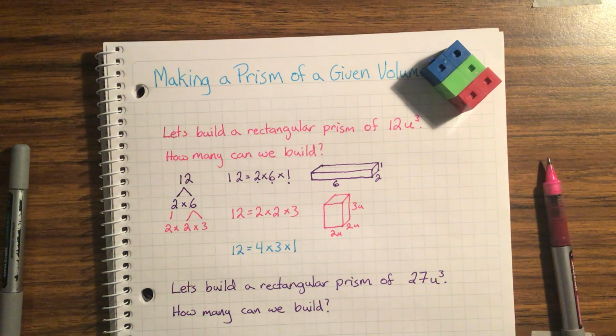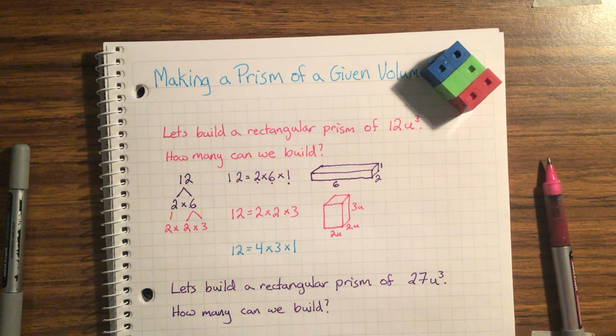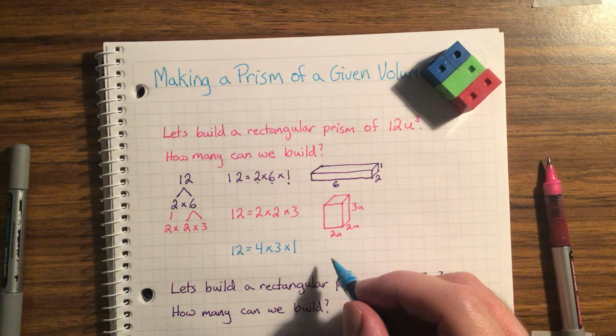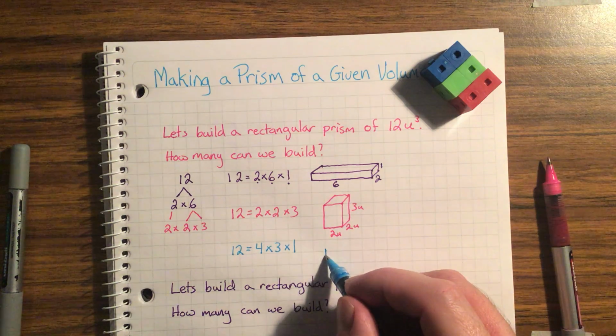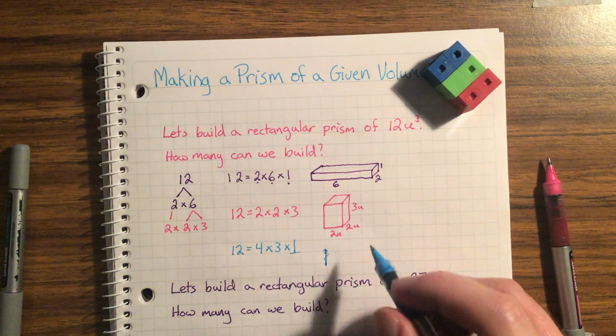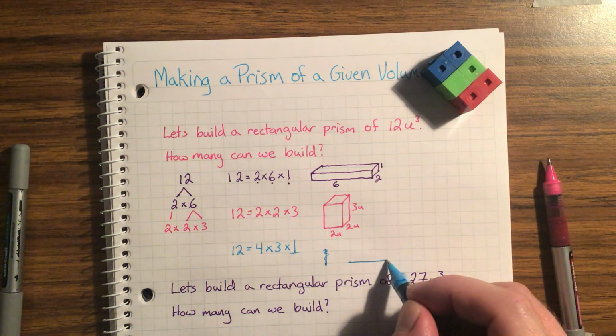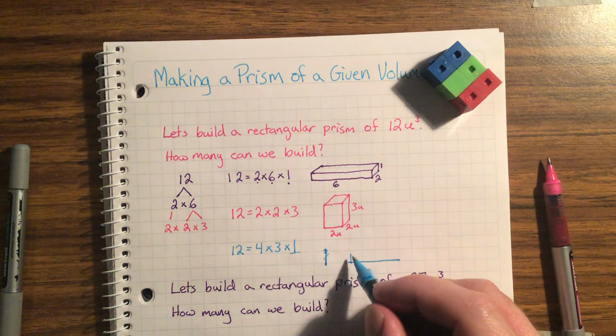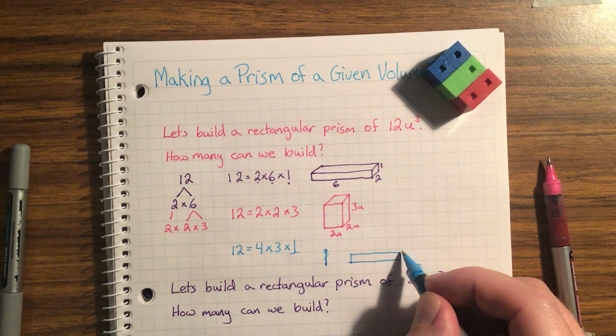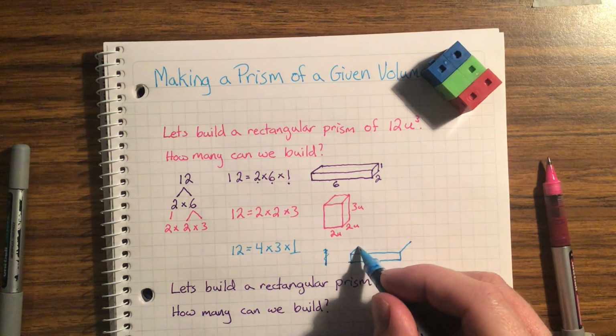So I'm just looking for 3 numbers that multiply together to give us our volume. So this one might look like this. Oh, it's only going to be 1 high, so it's going to be like 4 long, 1 high, and 3 wide.